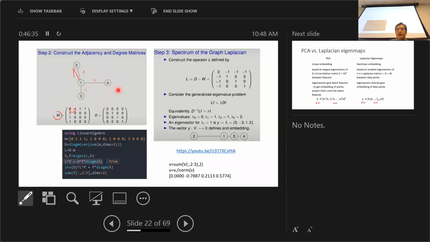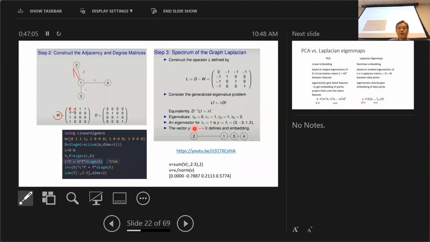All other 3 nodes have a degree 1 because there's only one link in the graph. So you have these two matrices, then the difference is the Laplacian matrix, and then you plug these two matrices into this function to get the generalized eigen decomposition solved.